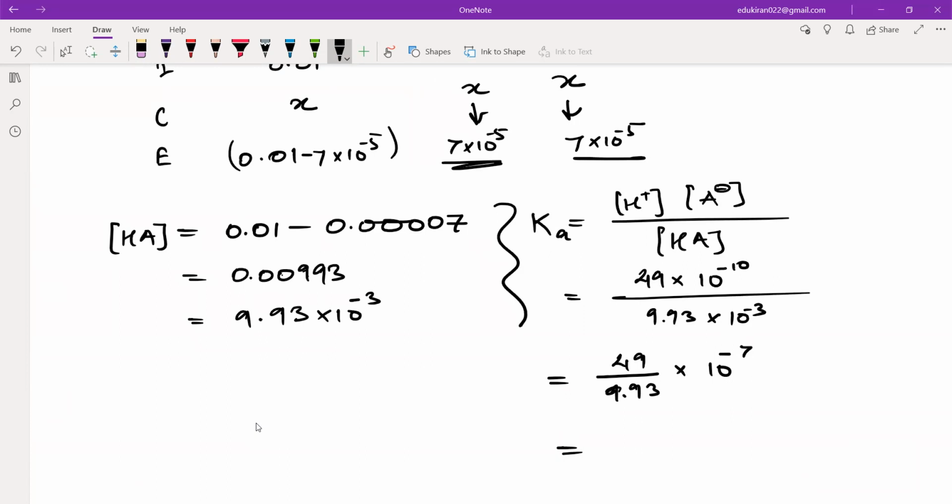You can maybe write 49 or you can also write 5 directly, 4.9 or 5, whatever you want. For me, if I was there, I have some idea with approximation. I think this will be more near to 5, because I'm increasing some quantity in the denominator, so I will increase some quantity in the numerator also. So I'm just writing 5 into 10 to the power minus 7. This is the Ka. Don't have to calculate much.